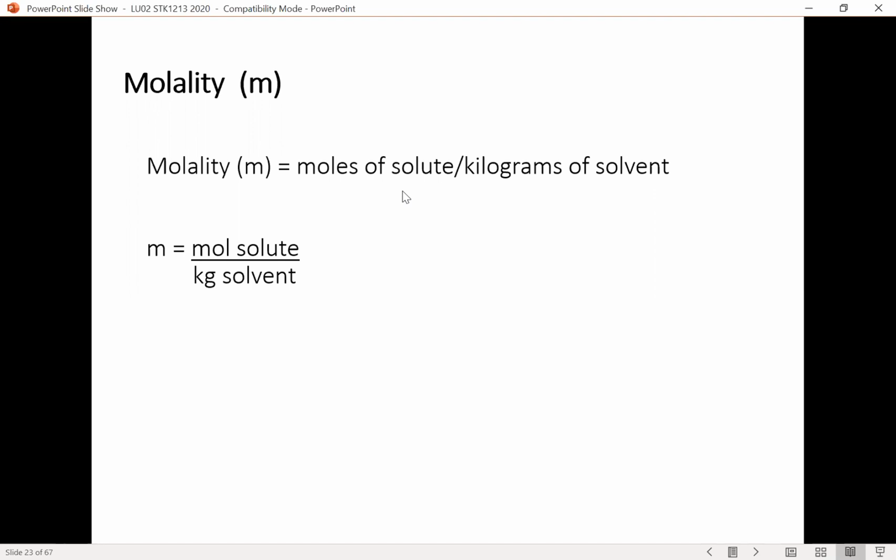Previously we talked about the amount of solute in a solution, but molality is about moles of solute per kilogram of solvent. Solvent again is the liquid that you use to dissolve the solute in order to obtain a solution.